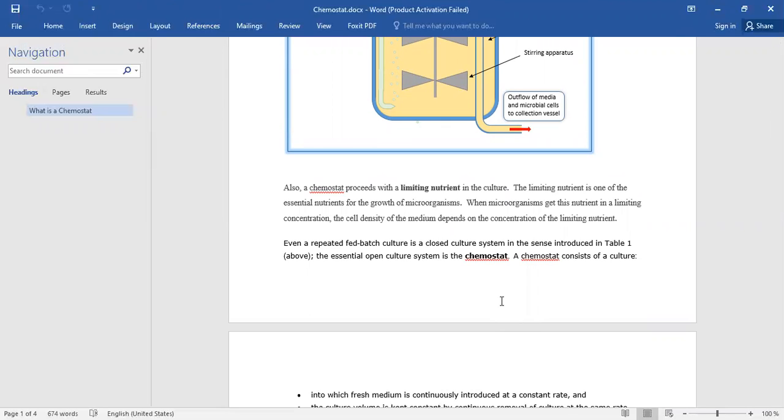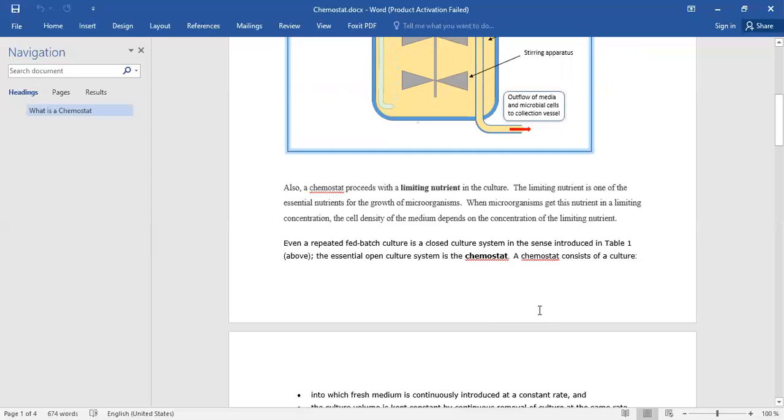At the start, we add a small amount of nutrients and culture media. When growth of the microorganism is observed, we add fresh media and take out the old culture from the fermenter so that particular conditions are maintained. Similarly, we also add some microorganisms. That is the basis of the chemostat, in which we maintain a constant chemical constituent of the media.